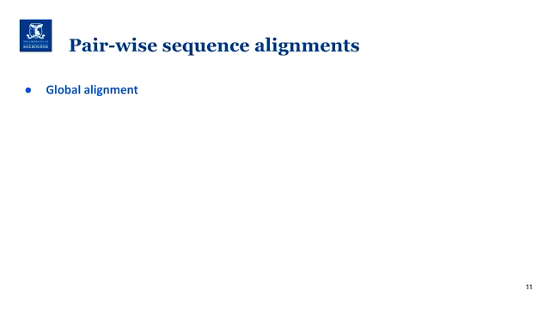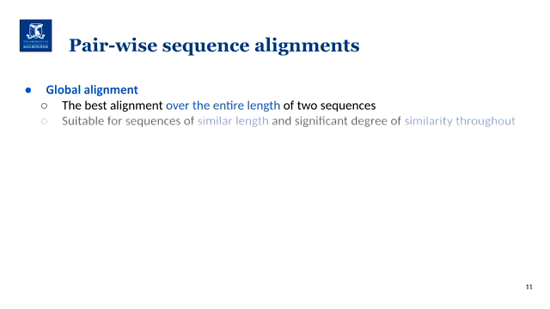So in terms of pairwise sequence alignments, I have two sequences and I want to assess similarity, for instance. We can do it globally. So we're basically interested in the best alignment over the entire length of the two sequences. And this is suitable when you expect a certain level of similarity across the whole sequence length, and the sequences have similar lengths.